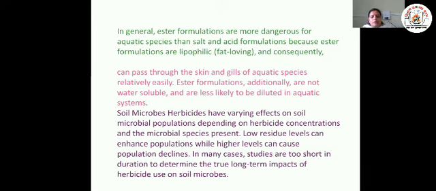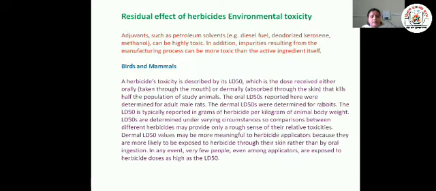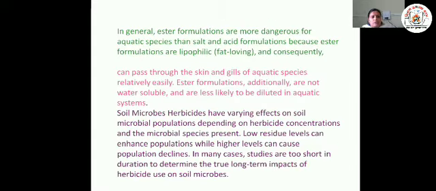This is about the doses, and the residual effect of herbicides on environmental toxicity through animals, birds or mammals. Soil microbes: herbicides have varying effects on the soil microbial population depending on the herbicide concentration and the microbial species present.